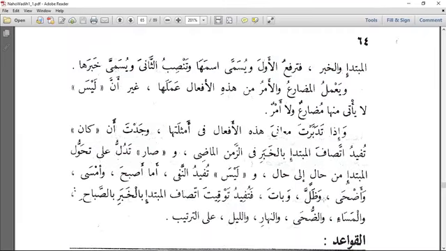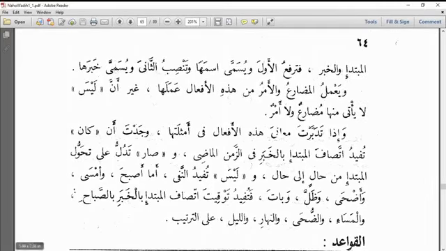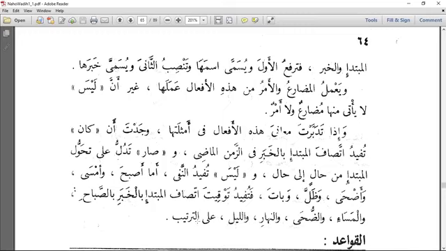وصار تدل على تحول المبتدأ من حال إلى حال, and sara denotes the changing of the mubtada from one state to another. وليس تفيد النفي, and laysa denotes negation. أما أصبح وأمسى وأضحى وظل وبات فتفيد توقيت اتصاف المبتدأ بالخبر بالصباح والمساء والضحى والنهار والليل على الترتيب.